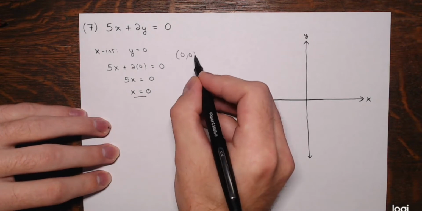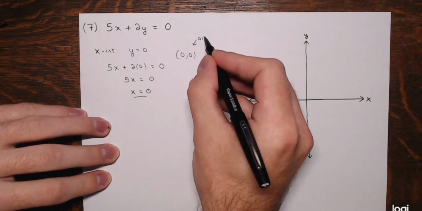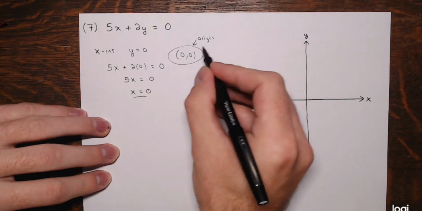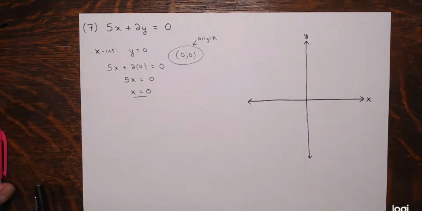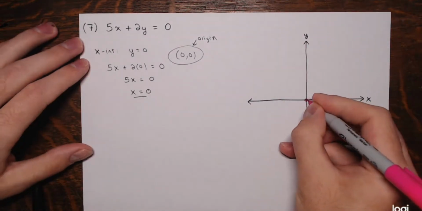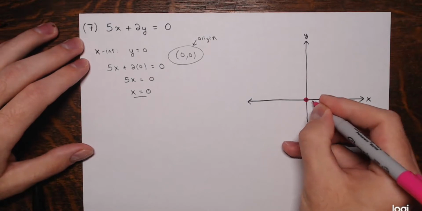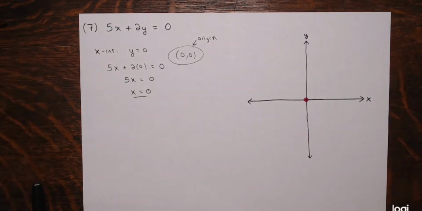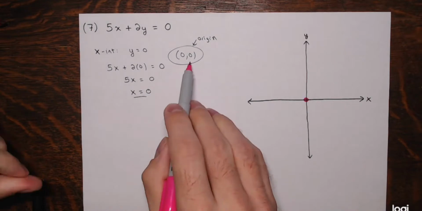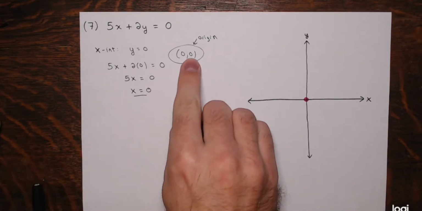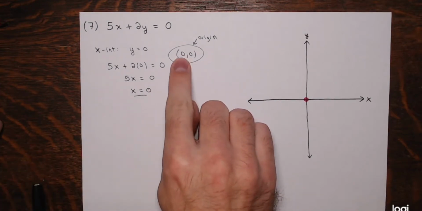So the origin, right? The origin, the point where the x and y-axis meet, is a point on this line. And notice that not only is the y-coordinate 0, but the x-coordinate's also 0.